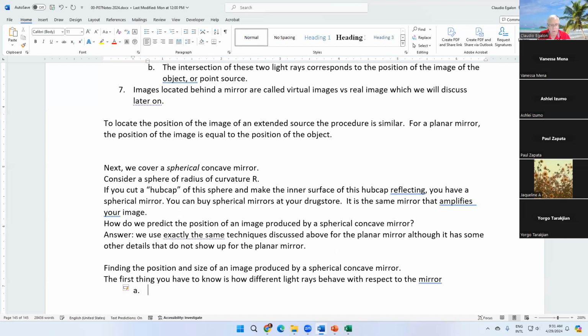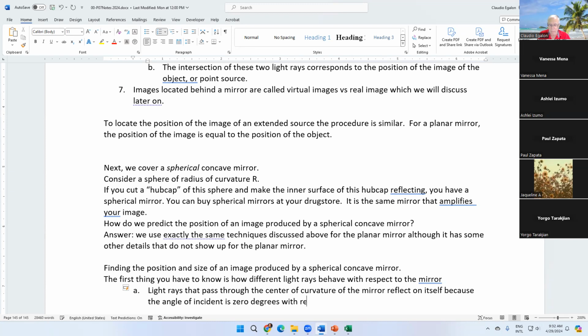So I already told you that light rays that pass through the center of curvature of the mirror reflect on themselves, because the angle of incidence is 0 degrees with respect to the normal direction.